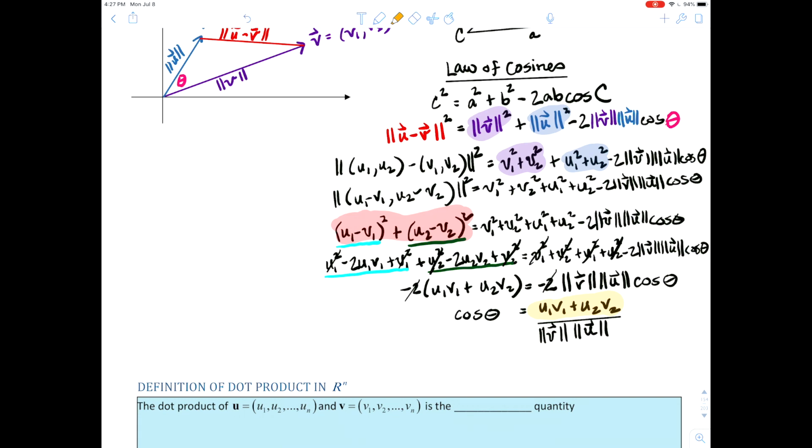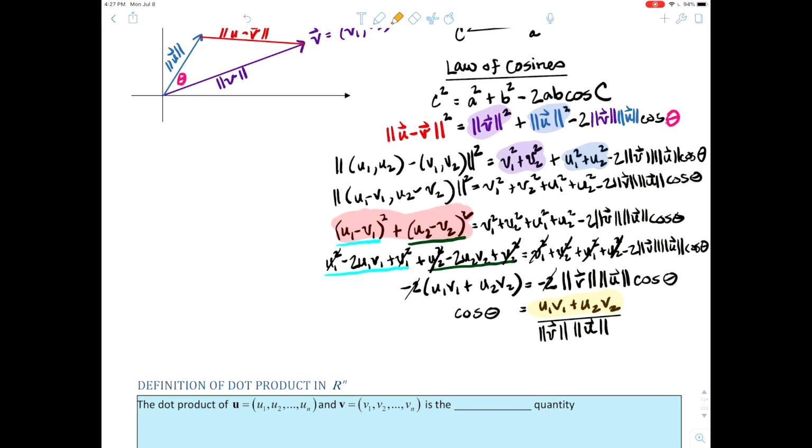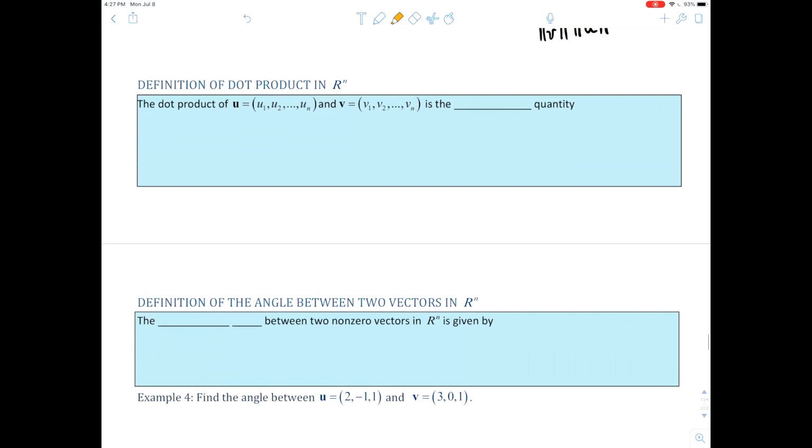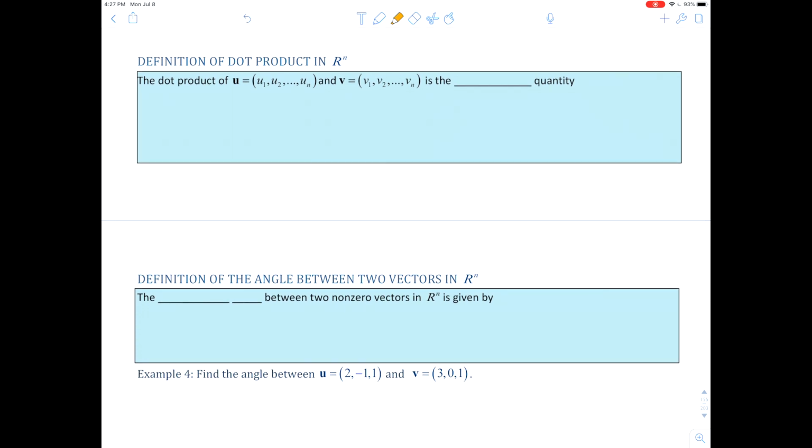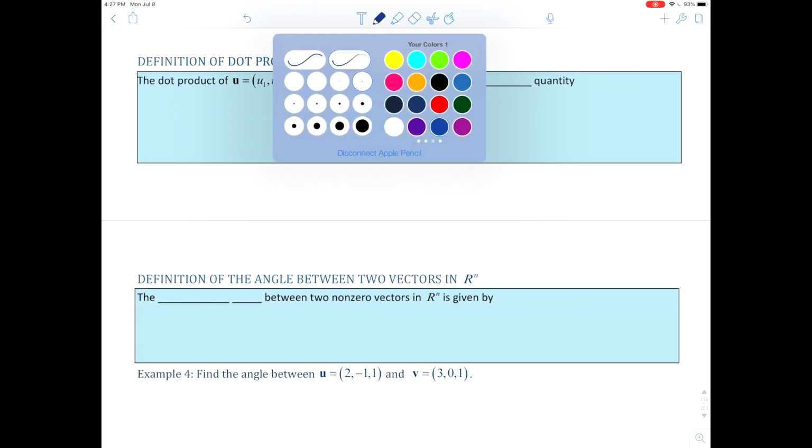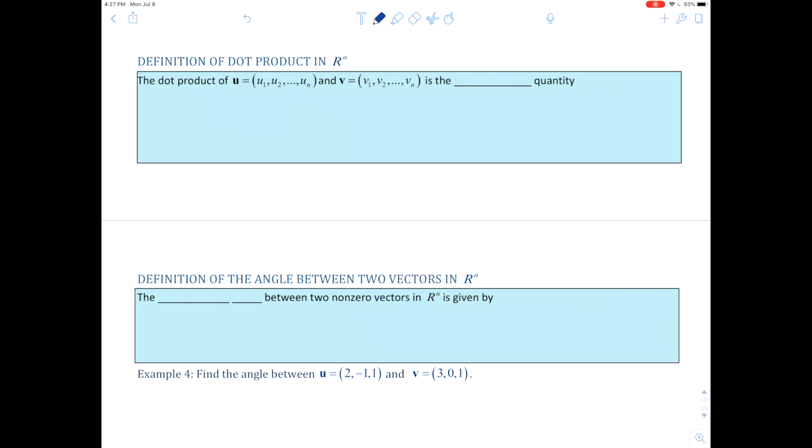And so what is the dot product? Well, it's kind of a scalar of your cosine output, right? That's one way you could think about it, right? So keep that in mind. This is where the next two definitions come from. And hopefully working it out like that will help you remember it.